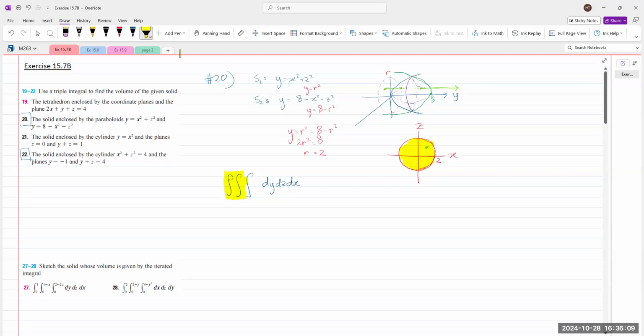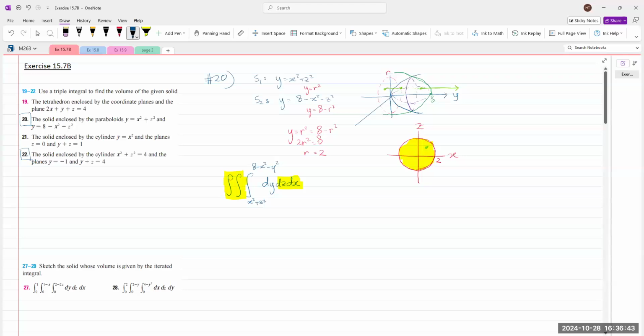Now the outer two integrals will be the domain on the xz plane. Okay, and then the inner integral will be just coming in from the first surface, which is x squared plus z squared, and then coming out from the second surface, which is 8 minus x squared minus z squared.